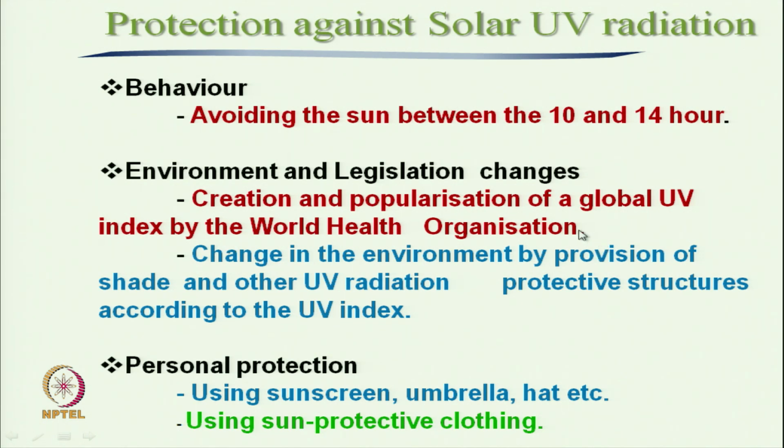So, people must know the global UV index, and depending on the UV index one should use UV protection, maybe UV protective clothing or different shades. Change in environment by provision of shade or other UV radiation protective structure, depending on the UV index.